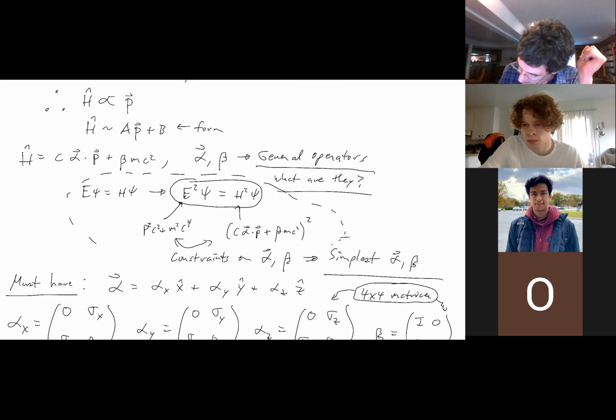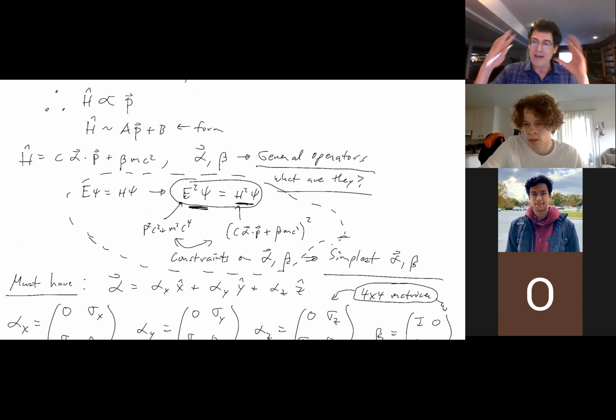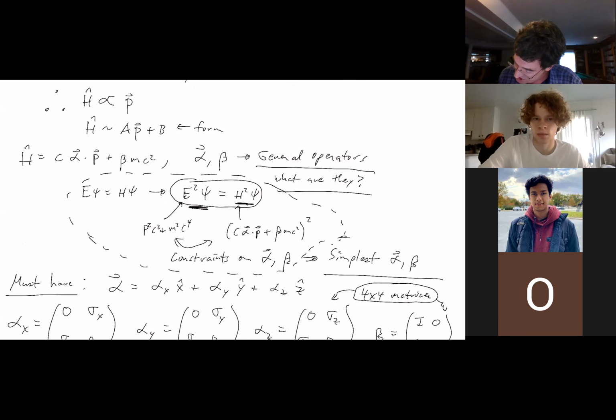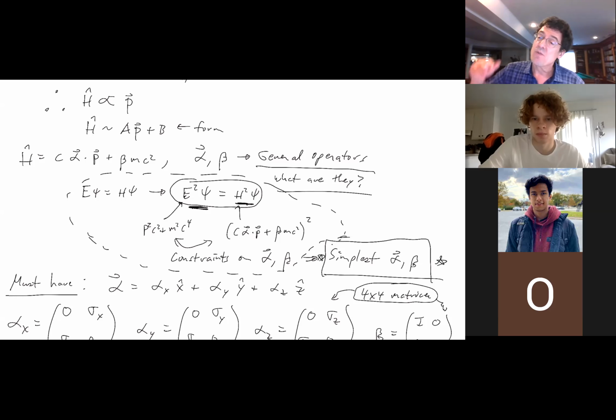Remember, we got constraints on alpha and beta by setting E squared psi equal to H squared psi, and we expanded it out, and we got the anti-commutators equal to 0. And then I said the simplest solution to those anti-commutators is a 4x4 matrix. Well, the 4x4 matrix is for spin 1/2.